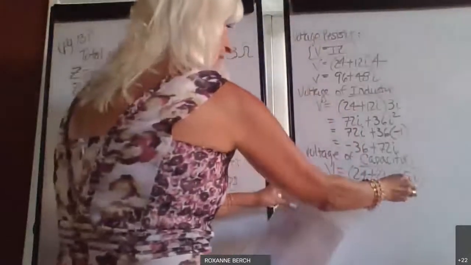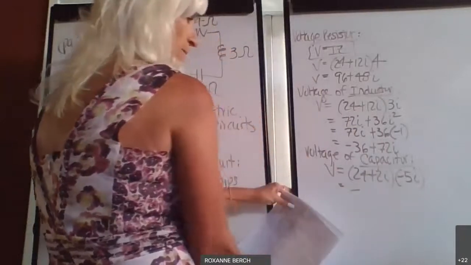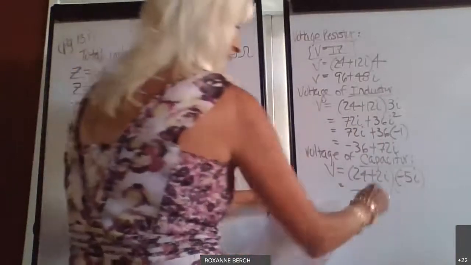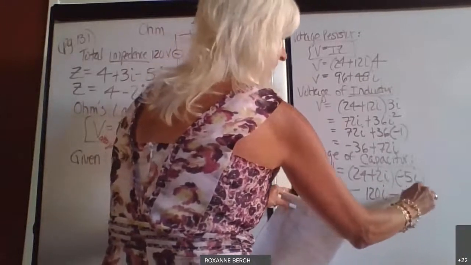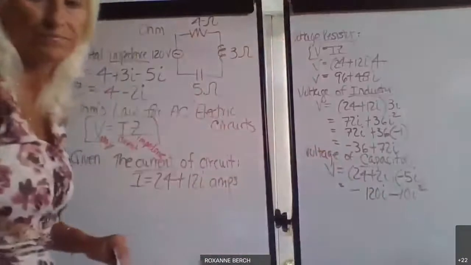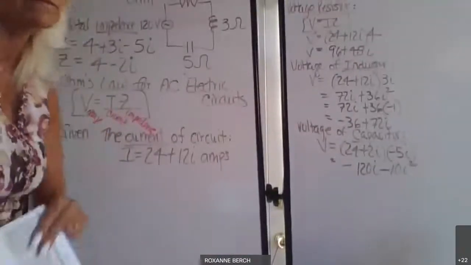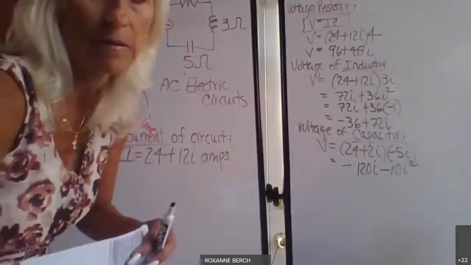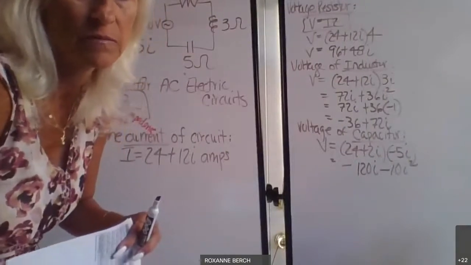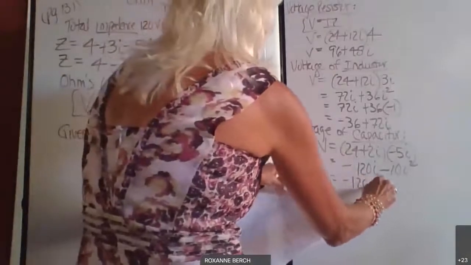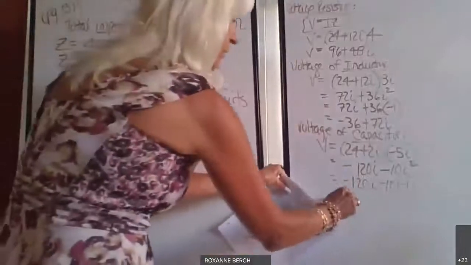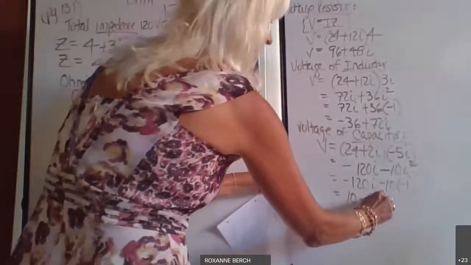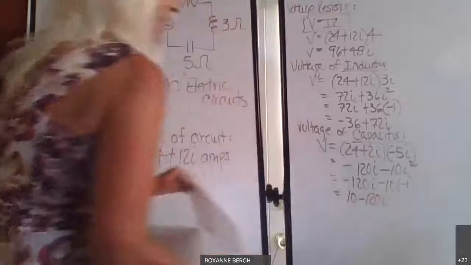So this would be -120i minus 60i squared. So we get -120i minus 60 times -1, which would be a positive 60 minus 120i. You cannot simplify that.